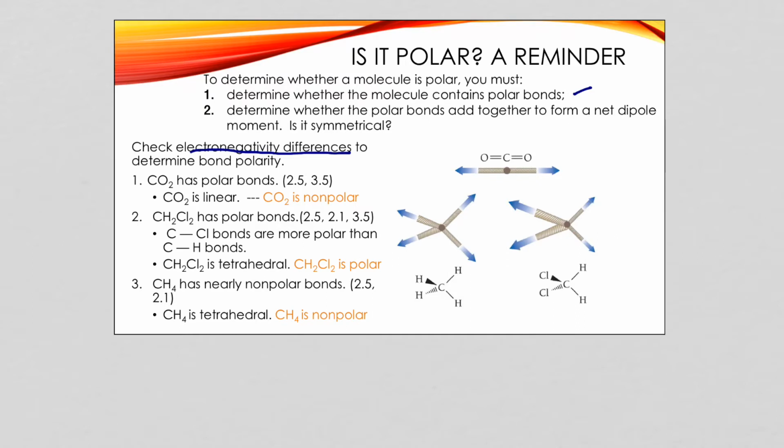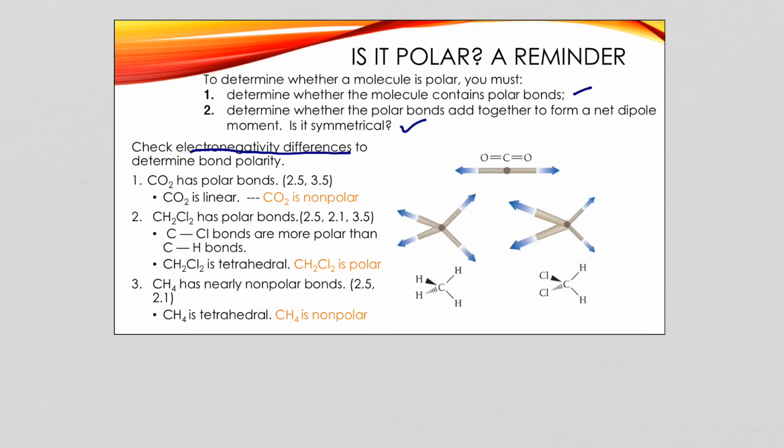The second criterion for a polar molecule is that we have a non-symmetric geometry. Just because we have polar bonds doesn't mean the molecule's polar. If the molecule is symmetrical, those polar bonds will cancel each other out, creating what we consider a nonpolar molecule.